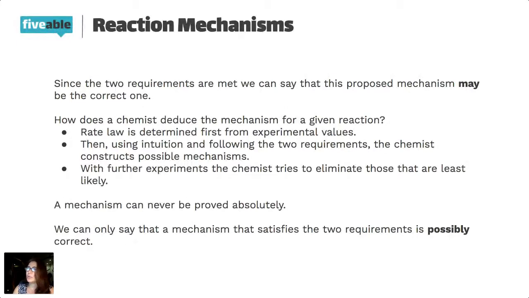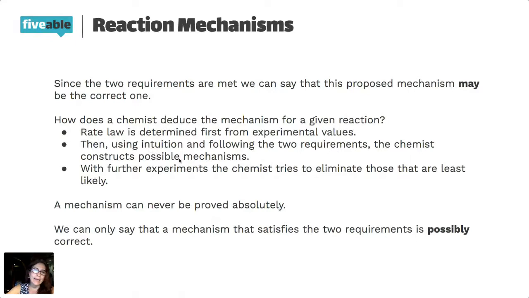What chemists do to propose a mechanism is that first they determine the rate law with experimental values. That's the first step. And then with intuition and previous knowledge, the chemist constructs possible mechanisms.